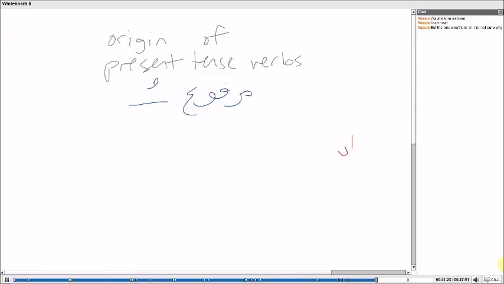If an, lan, idhan, or kay come before it, it makes it mansoob.